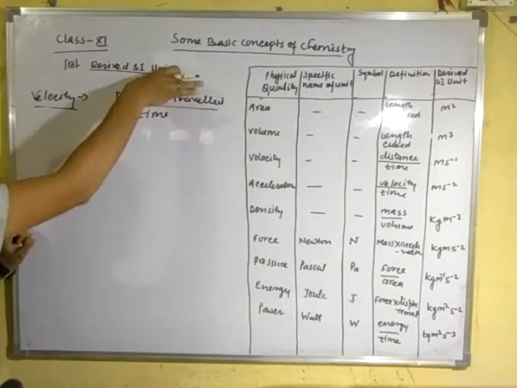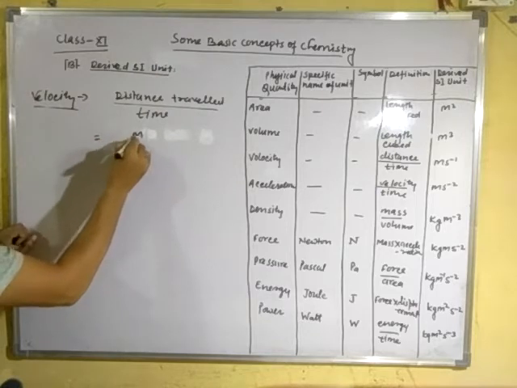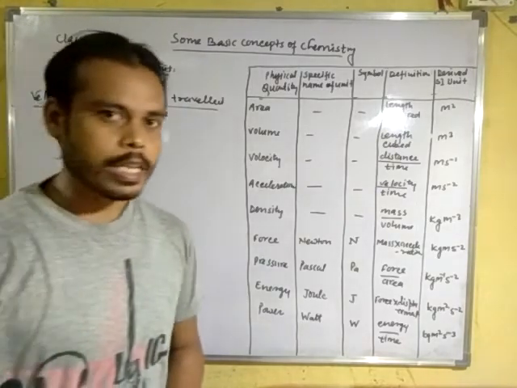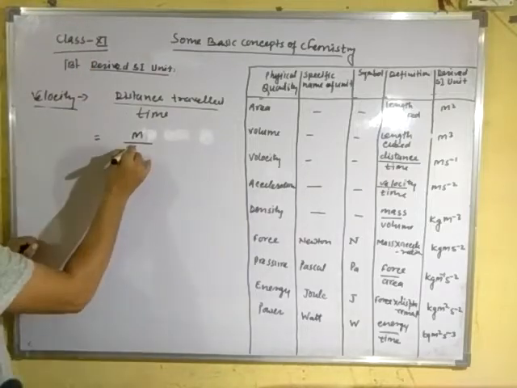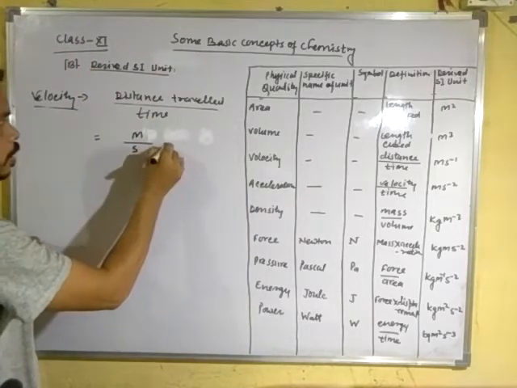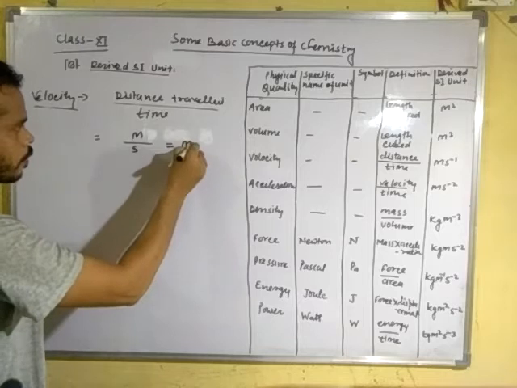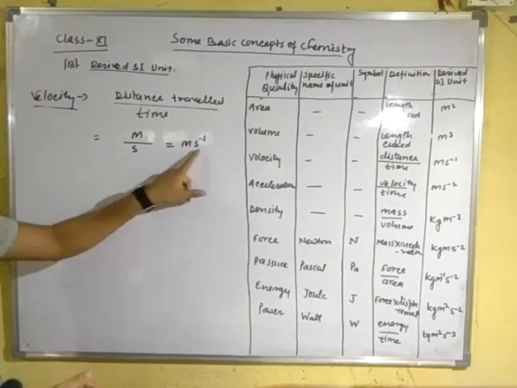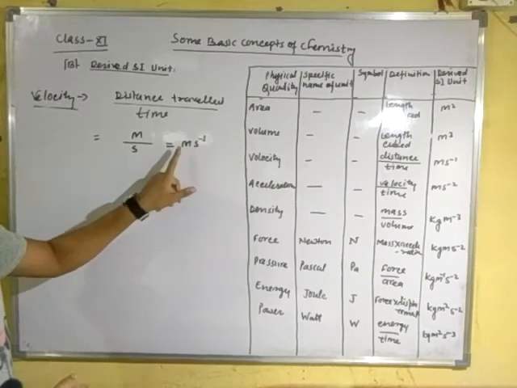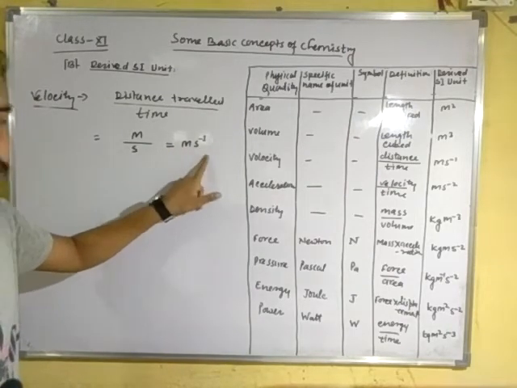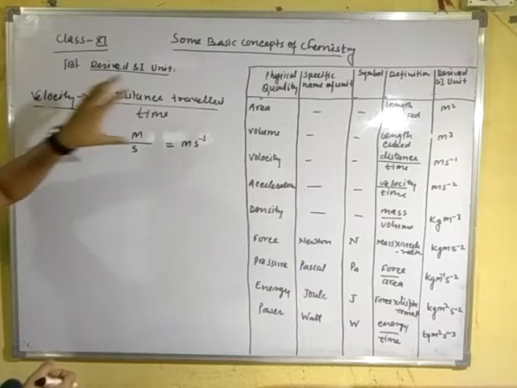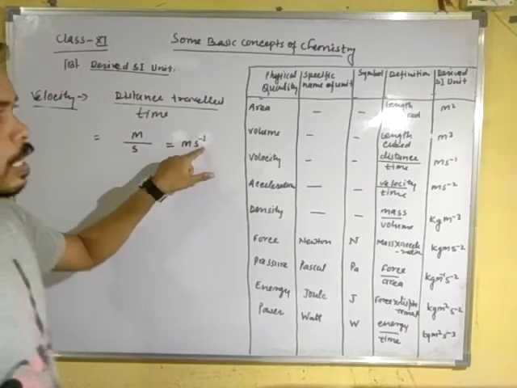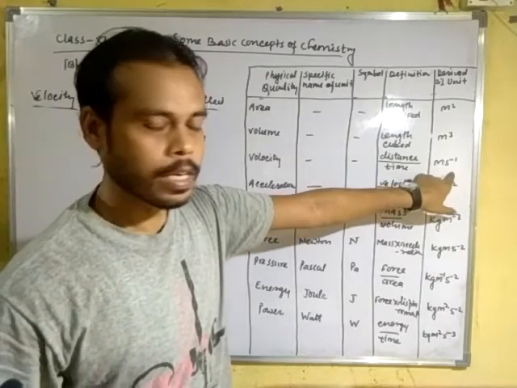So put the value here: meter upon the SI unit of time, which is second. Written simply, it is meter second inverse, or you can say meter per second. That means the derived SI unit of velocity is meter per second.